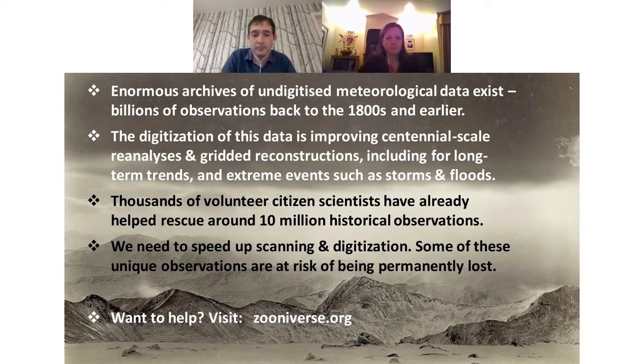And if you want to help, there are currently two climate-related projects running on the Zooniverse, which is the volunteer citizen science platform that we use. Some other teams are currently rescuing sea level data, for example, from the UK, and there's a sea level rise data project which is currently running on the Zooniverse. And there's also another project running with some US collaborators who are exploring ship logs from the Second World War.